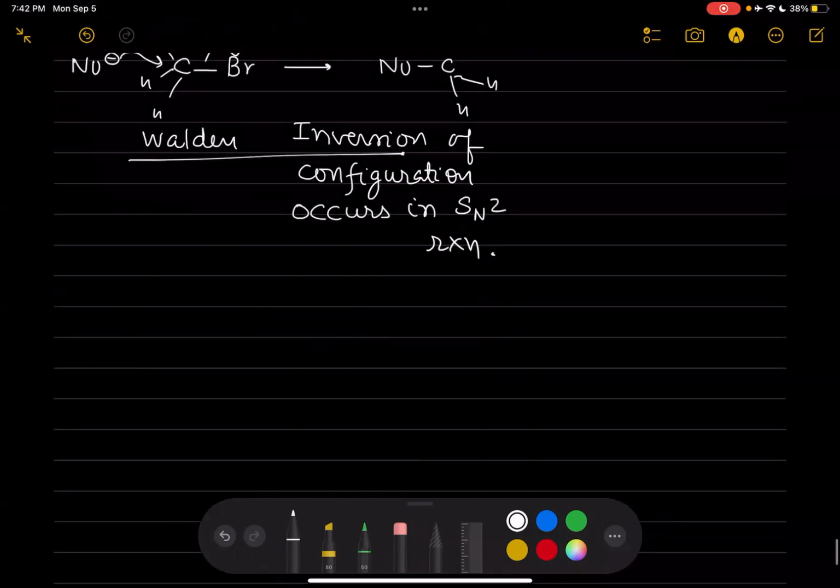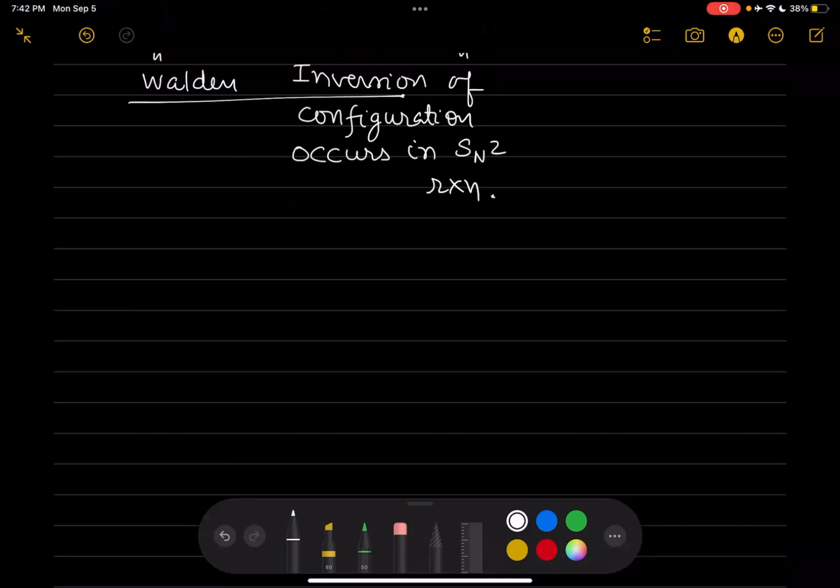So suppose in an SN2 reaction, this is H and this is CH3. This is known as wedge and dash representation. One is wedge and this is dash. Here you can see all four groups are different.